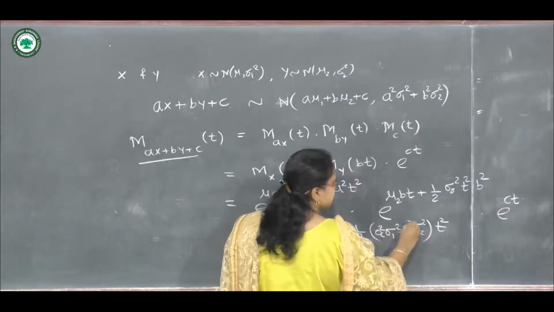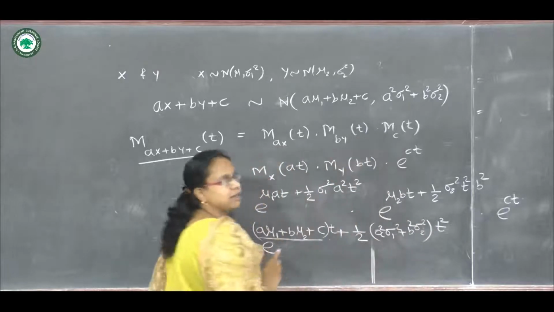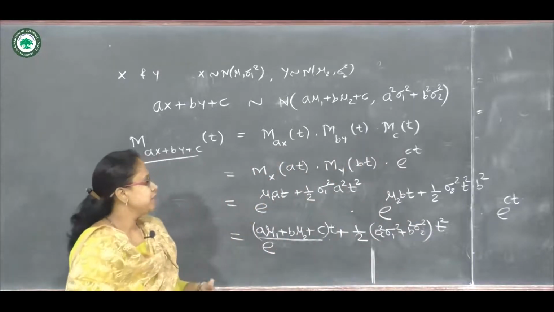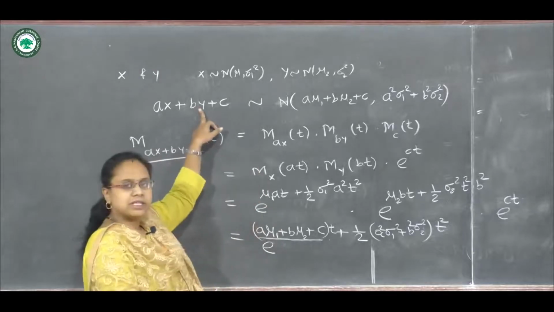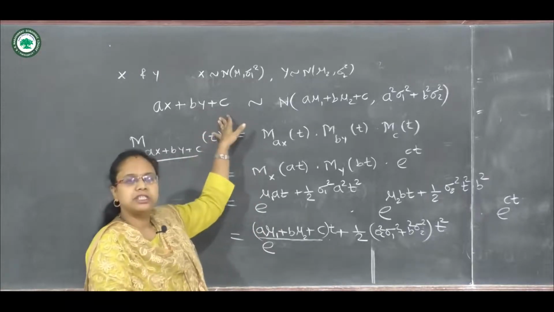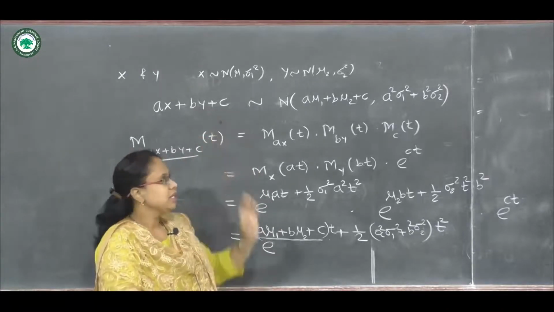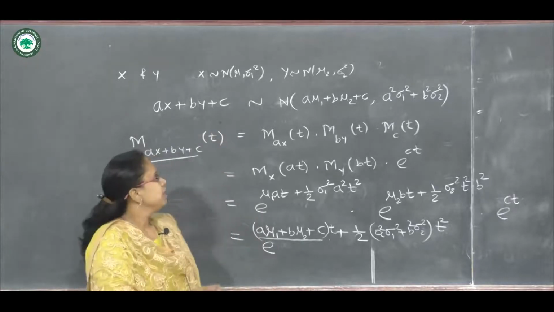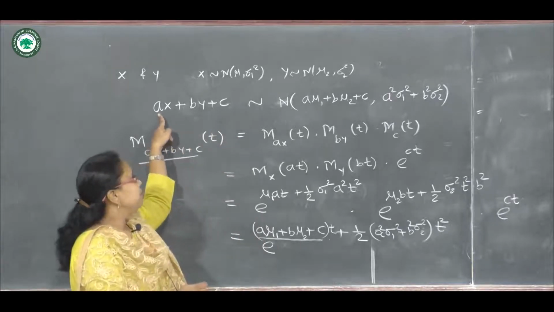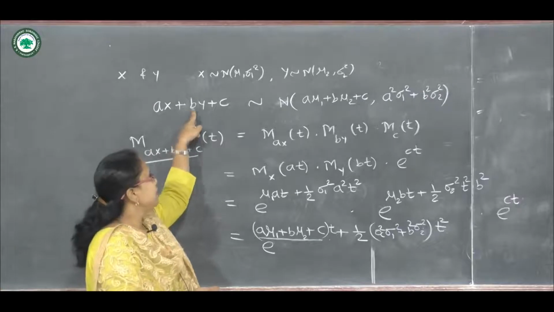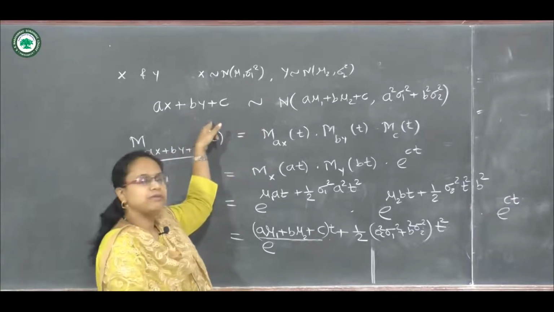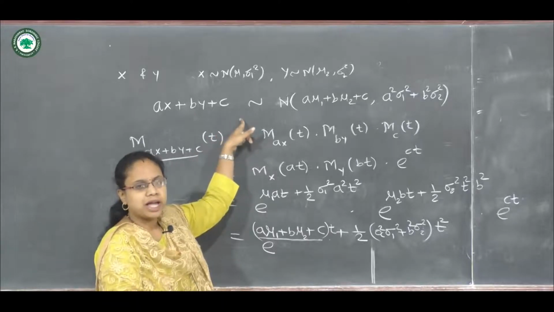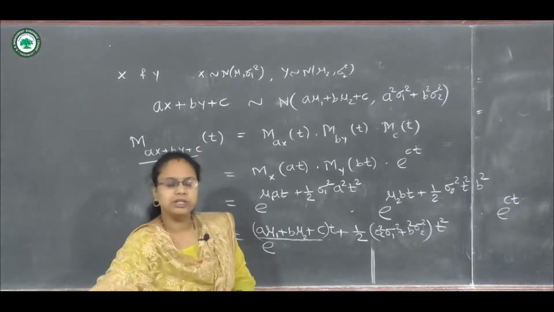So by using MGF, we can prove this kind of result and we can further generalize this result for n variables also. If we put a equal to 1, b equal to 1 and c equal to 0, then we will get the result that x plus y will follow a normal distribution.